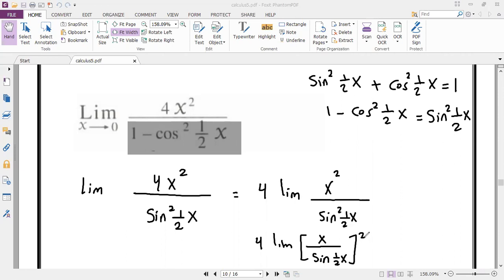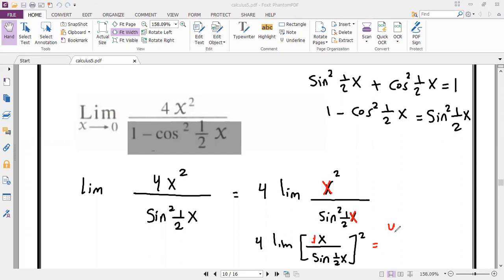If you focus on it again, here the variable is x and here the variable is x. The coefficient here is 1. But because x is x to the power of 2 and this sine is sine to the power of 2, I wrote them as x over sine half x all raised to the power of 2.